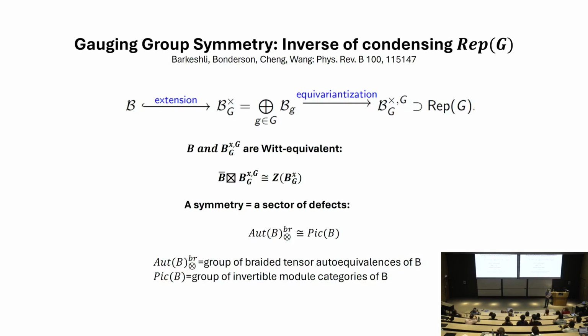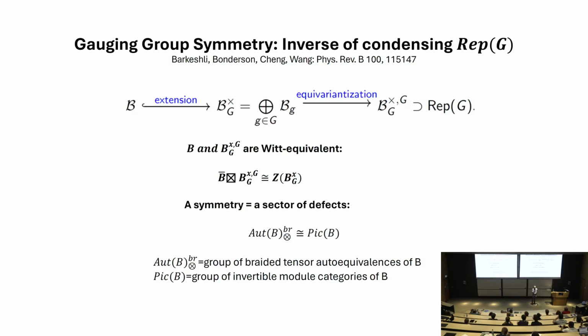In this particular context, it is a mathematical theorem that all the symmetries, the braided tensor autoequivalences, as a group, actually as a categorical group, are the same thing as the Picard group, which is the same thing as the group of invertible topological defects.